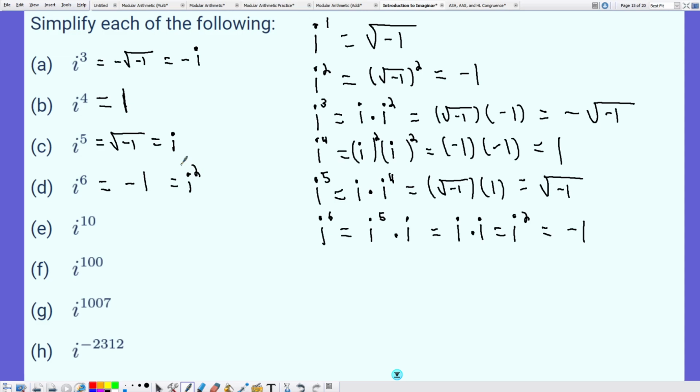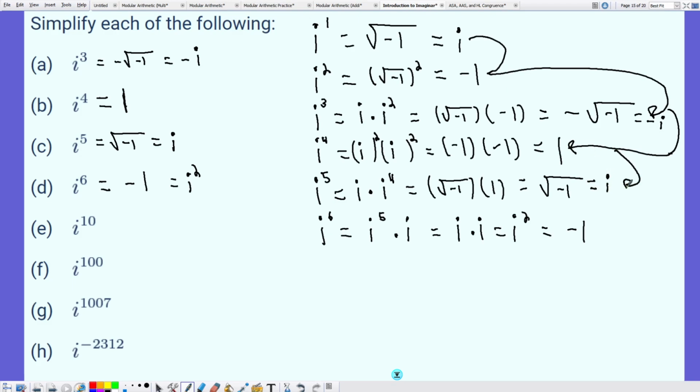So it seems we have a repeating pattern. It goes from i to negative 1 to negative i, then to positive 1, then to i again, then to negative 1.